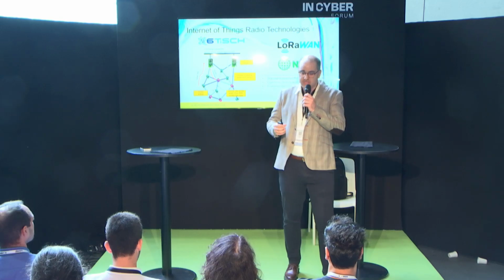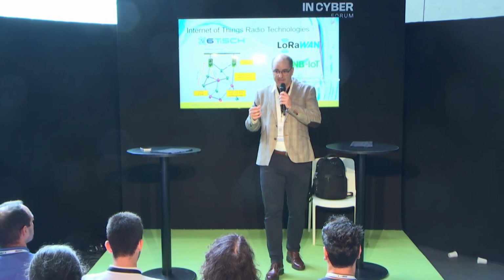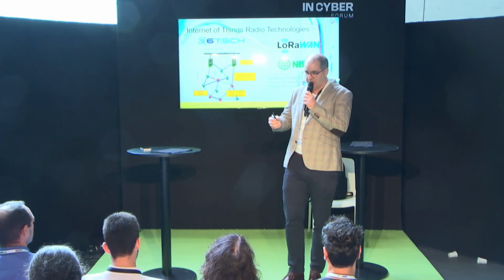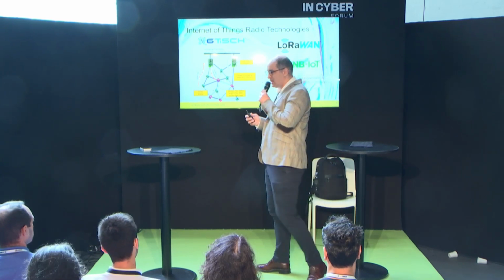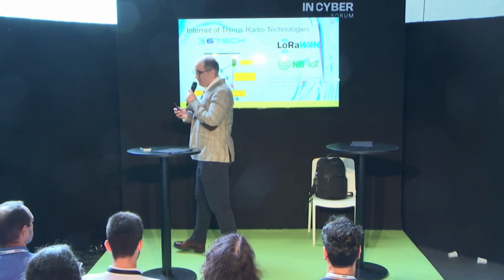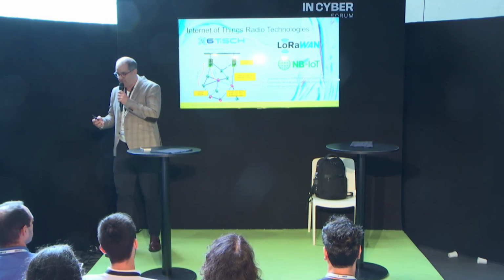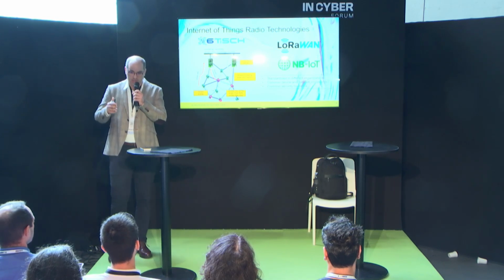At the heart of these objects is a little microcontroller, a little computer that has small processing power compared to our smartphones or our laptops. Typically we are talking about tens of megahertz of processing power, tens of kilobytes of RAM and hundreds of kilobytes of flash memory.